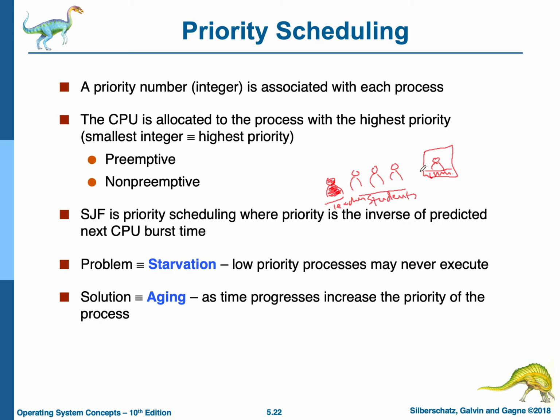Suppose this student is being served, then there are two approaches. Either the server stops serving this student and starts serving the teacher, because the teacher has higher priority, and this student might have lower priority, like 2 and 3 and 4, right?